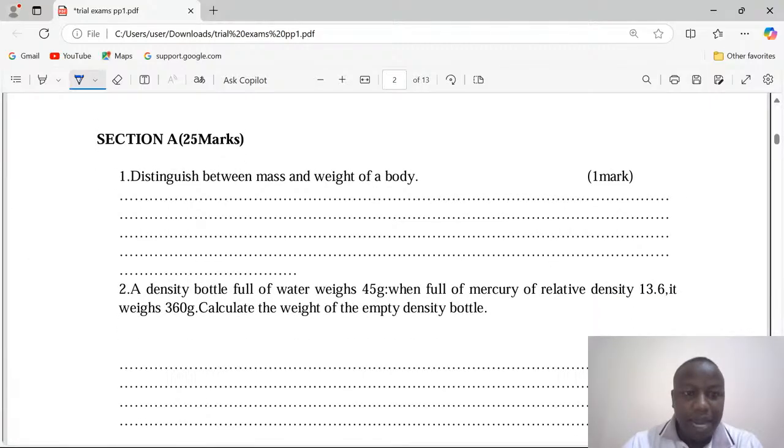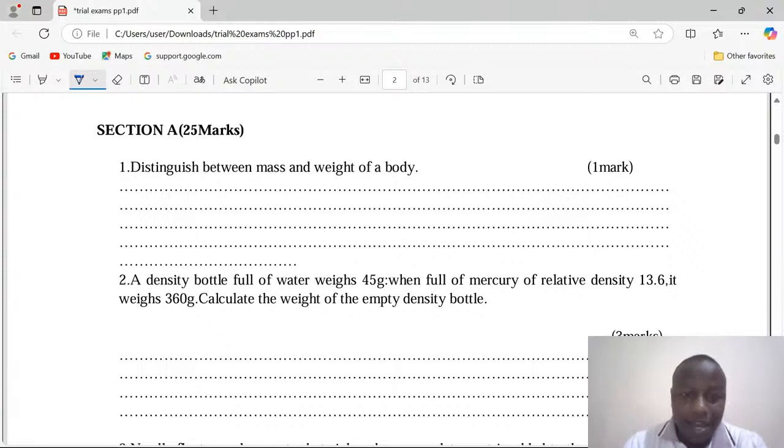Number 1, distinguish between mass and weight of a body. I want to make something clear even before I go to answering this question. When you are told to distinguish, it's very different from differentiate.